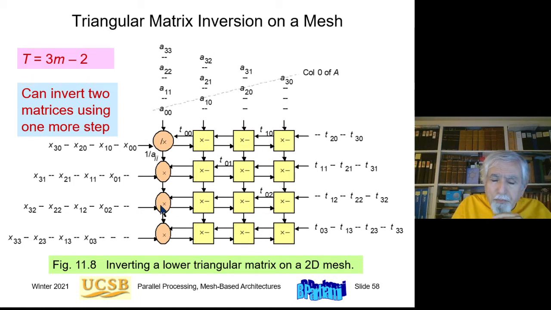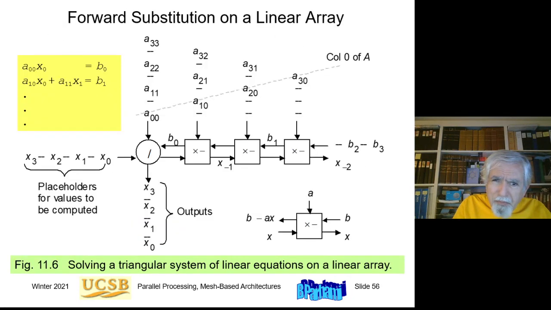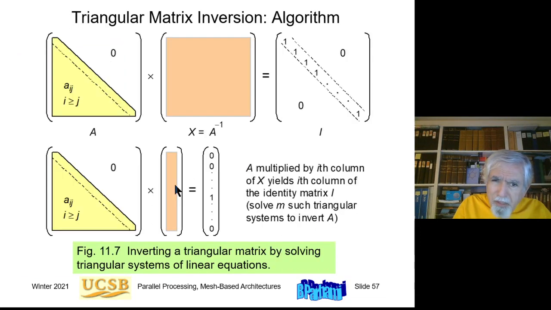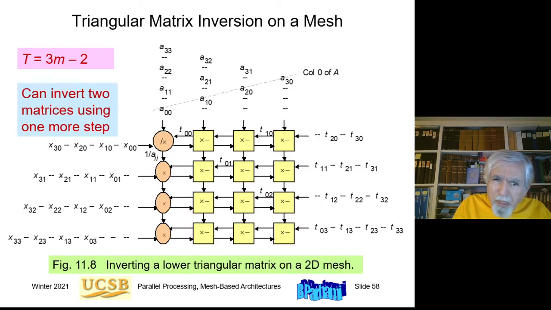There's just one optimization here. Remember that here we had a divide in the first cell and then multiply, subtract.